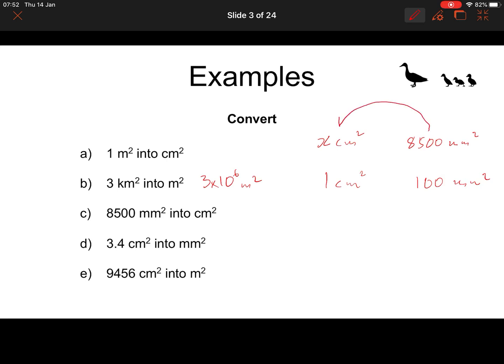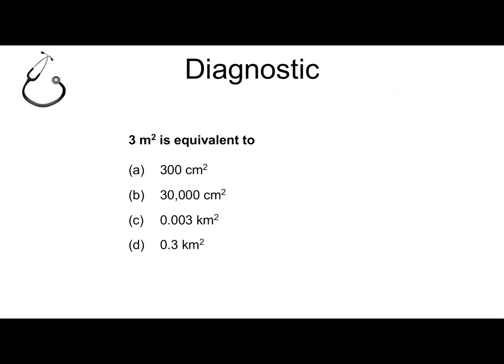Now I'm going from here to here, so I'm going the opposite direction. So I need to divide by 100. And so the answer is 85 centimetres squared. Had it right the first time.